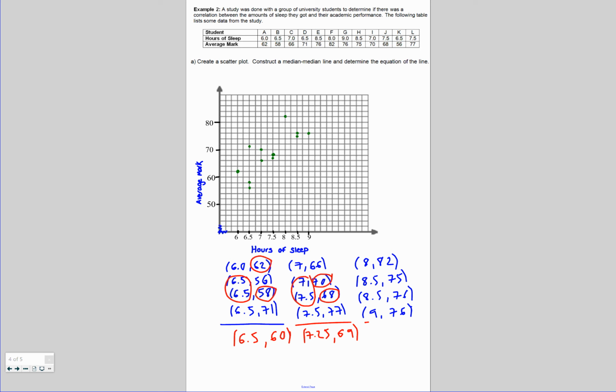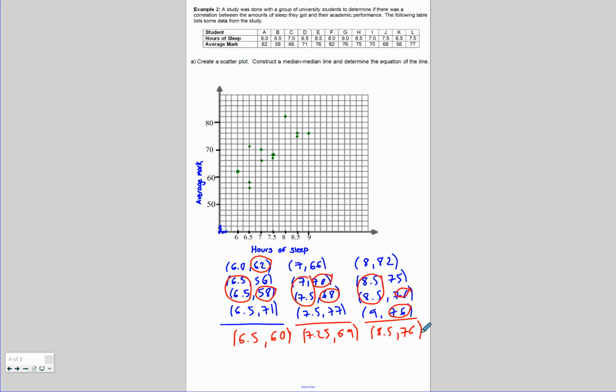That's the median. And then look at these. So 8.5 and 8.5 divided by 2 is still 8.5. And then order these 1, 2, 3, 4, 2, 3, 76 is the median.